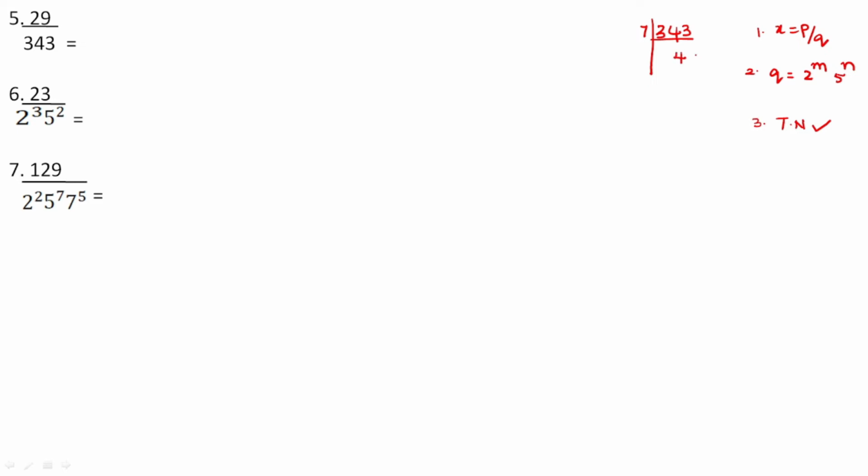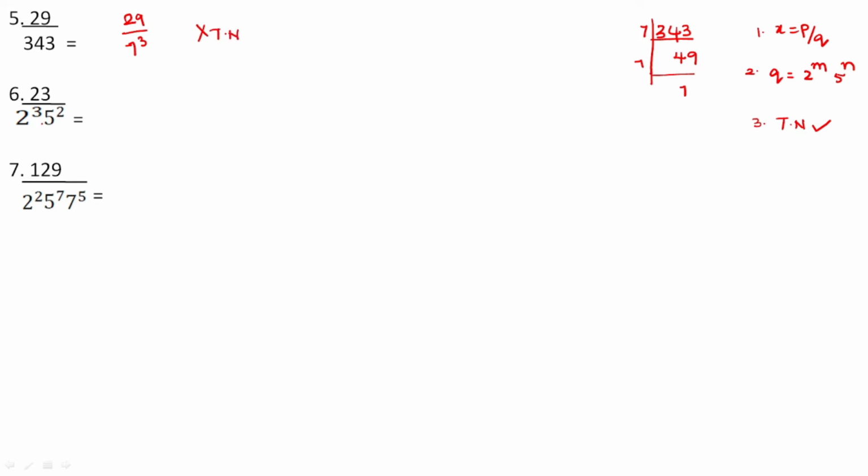So 343 is basically 7 cube. So this can be written as 29 upon 7 cube. What happened, it could not be expressed in the form of 2 power m and 5 power n. So this is not a terminating decimal number.